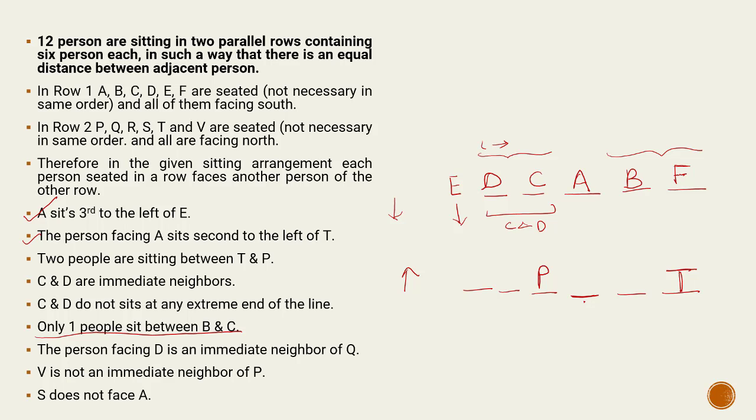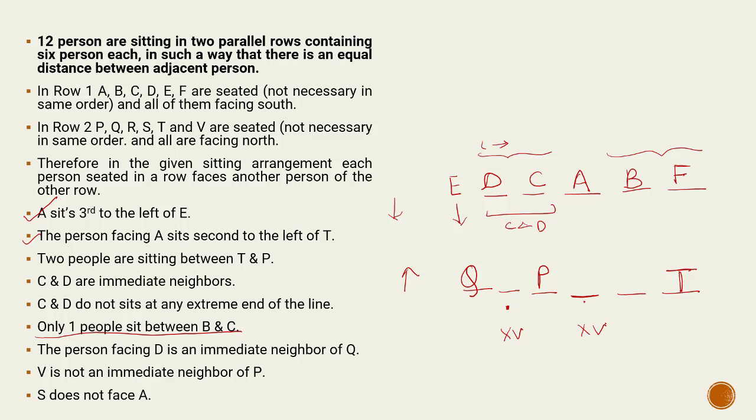Now coming to row 2. The person facing D, that means this position. The person facing D is an immediate neighbor of Q. Now he already has P as his right hand side neighbor. So the position of his left hand side neighbor is still left. So this person should be Q. V is not an immediate neighbor of P. That rules out V here or here.